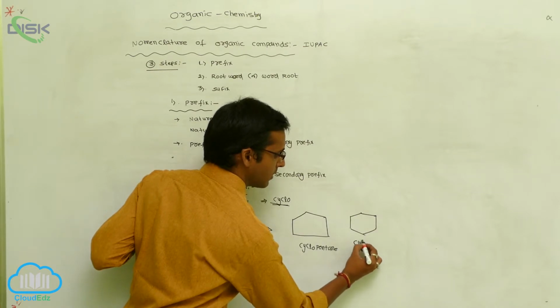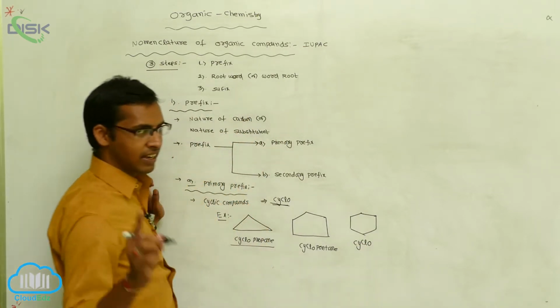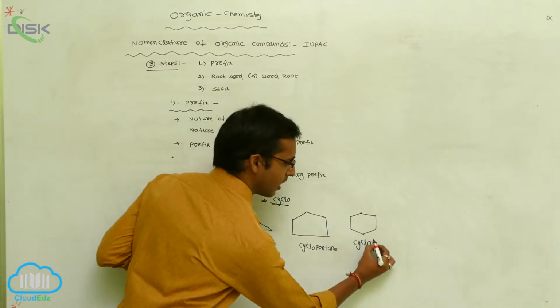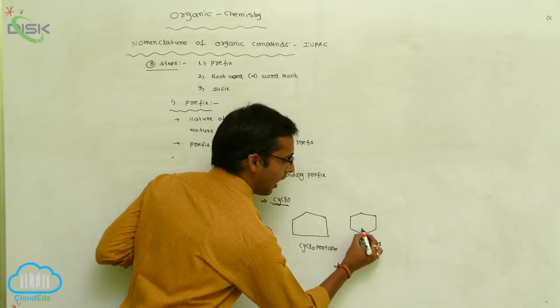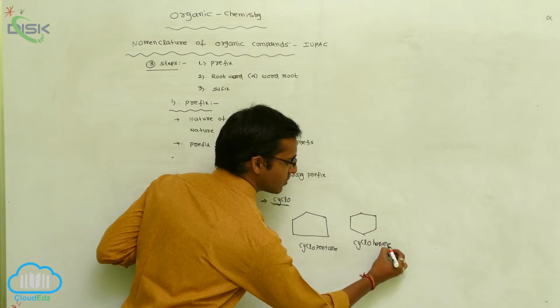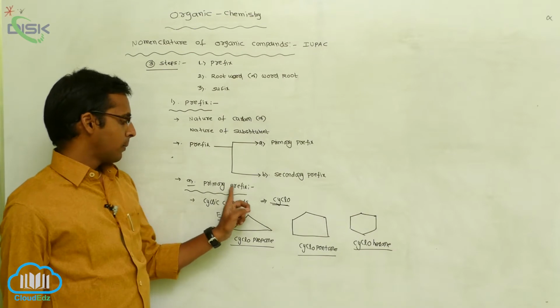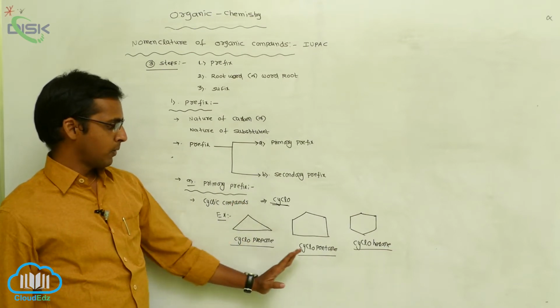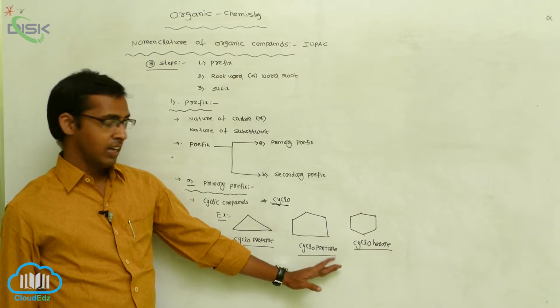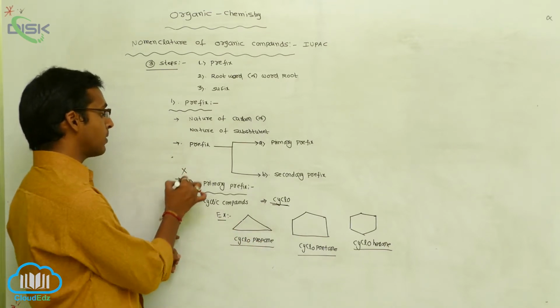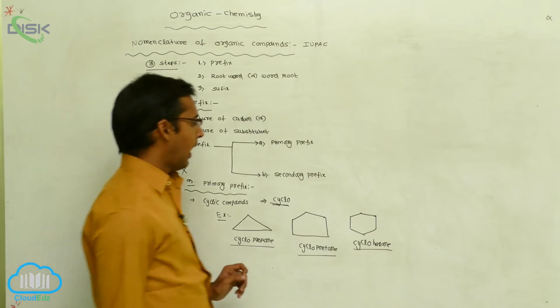Here also the prefix is cyclo, 6 carbons means hex, and saturated, so hexane. These are examples of primary prefix: cyclopropane, cyclopentane, cyclohexane. If a cyclic ring is absent, there is no use of primary prefix.